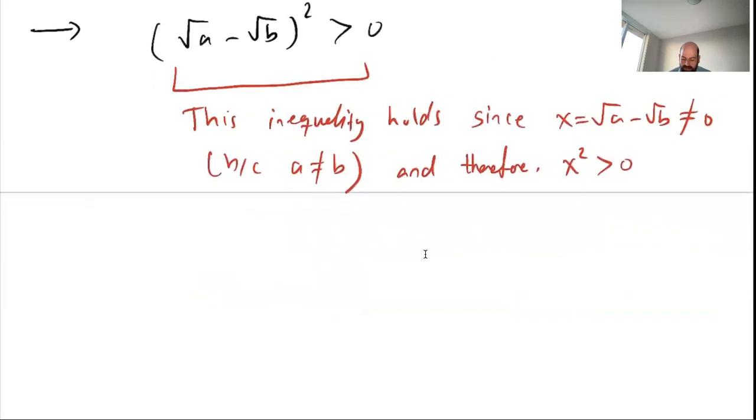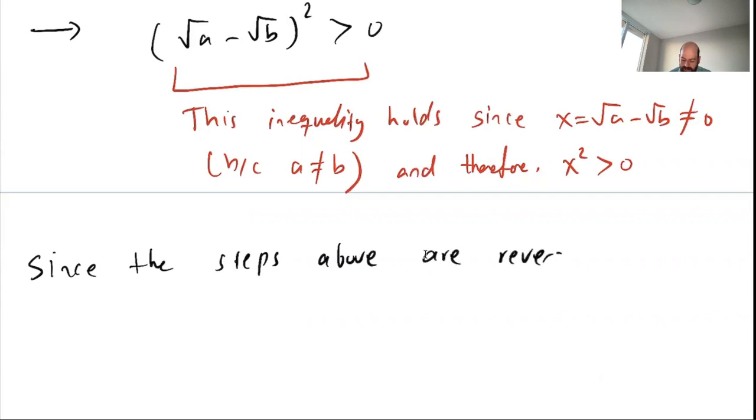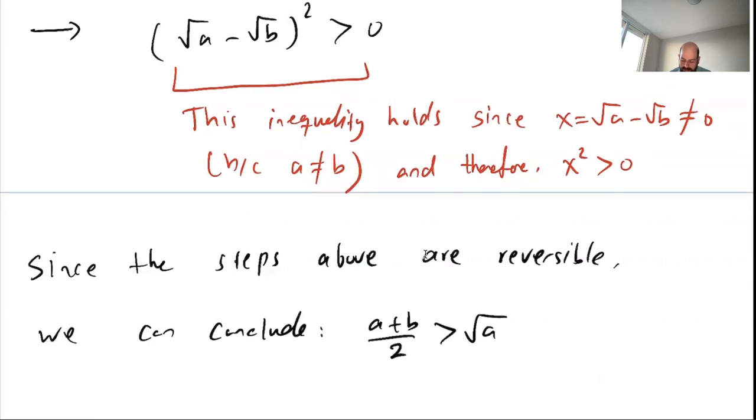At the end of your proof, you can add: since the steps above are reversible, we can conclude that a plus b over 2 is bigger than root ab, as desired.